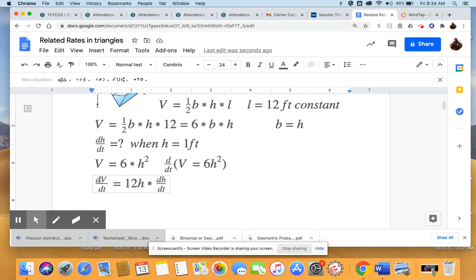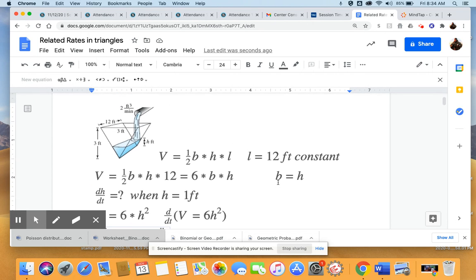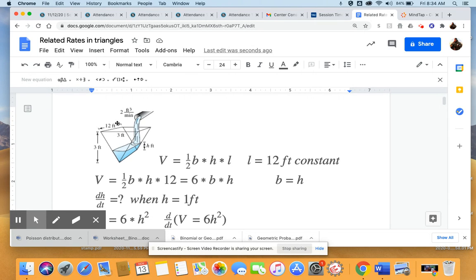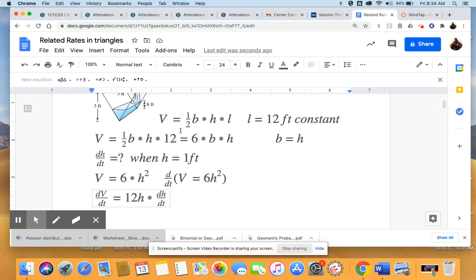At this point, we're really just plugging in information. We know what dV/dt is because it was given to us in the problem, 2 feet cubed per minute. We have an h to plug in because they told us we're looking for dh/dt when h equals 1 foot.